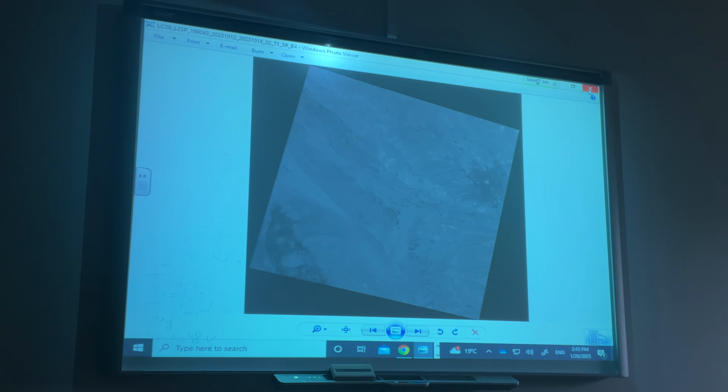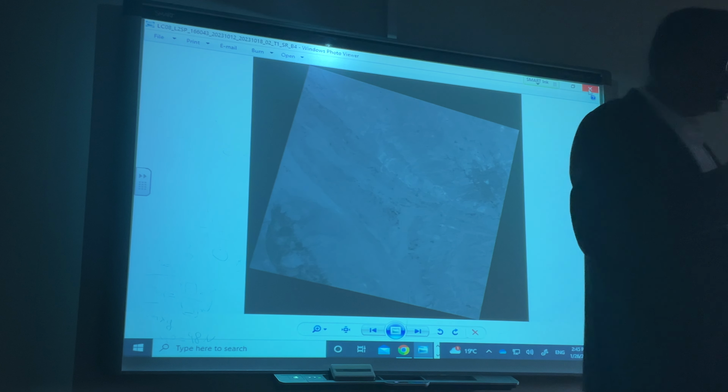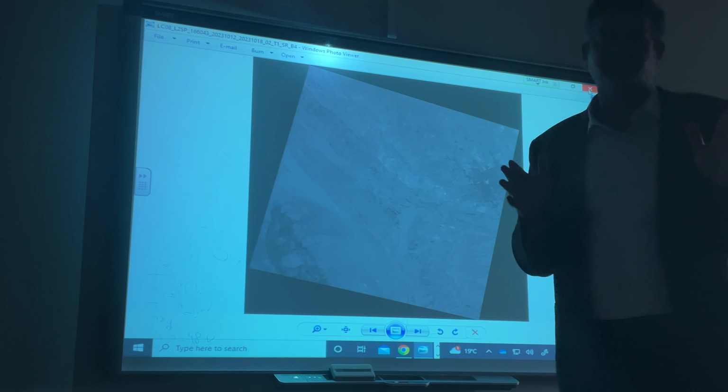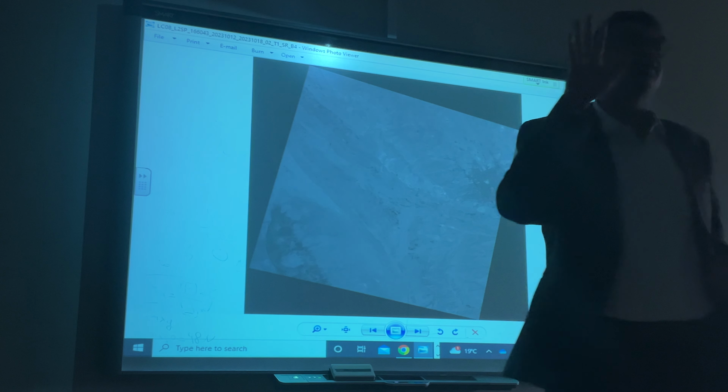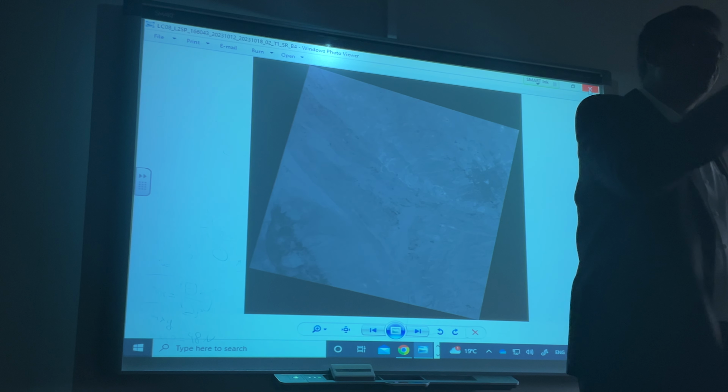Now, I am telling you that vegetation or green leaves, when we see them in the visible region, appear green to us. Why? Because green is reflected more. So if I have the image of vegetation in 3 different images, one in red, one in green and one in blue. Now in grayscale, if the reflection is more, the thing will appear white.